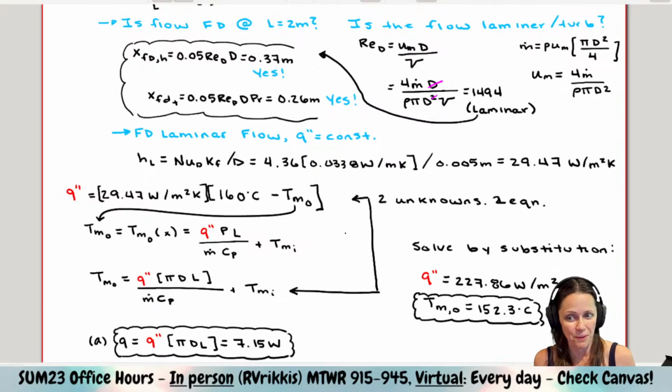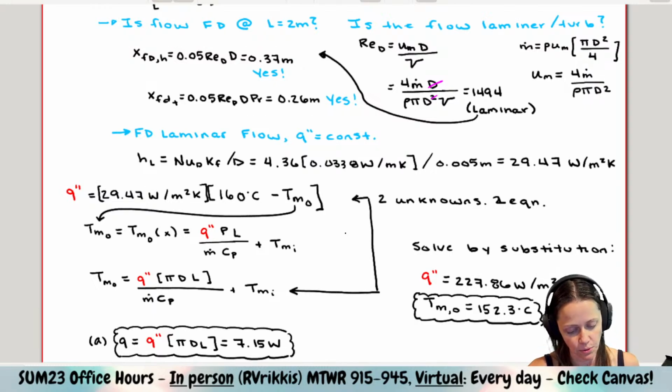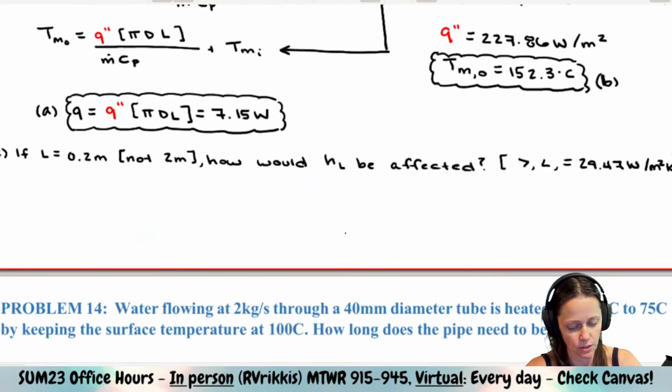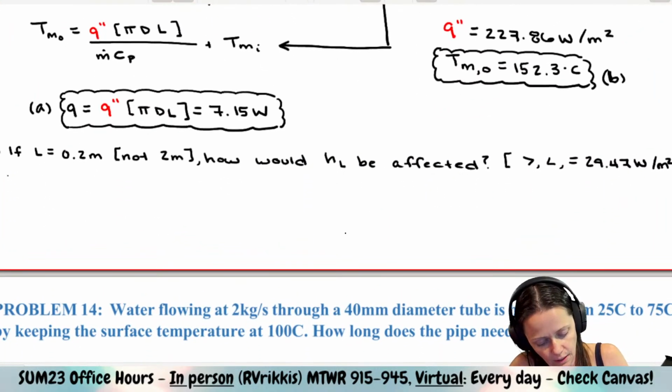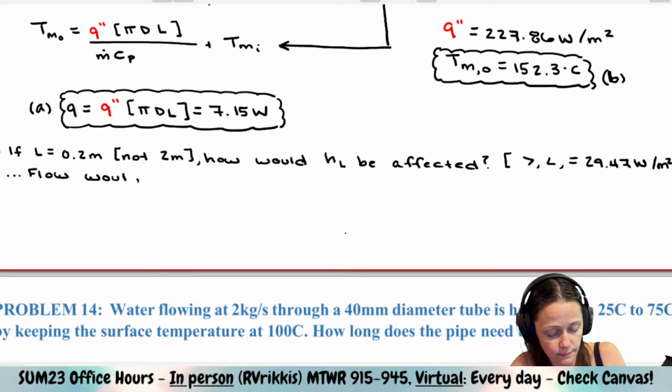But if we've got a short cylinder with a length of only 0.2 meters, then it's not fully developed yet. So let's think about what that means. The flow would not be fully developed.